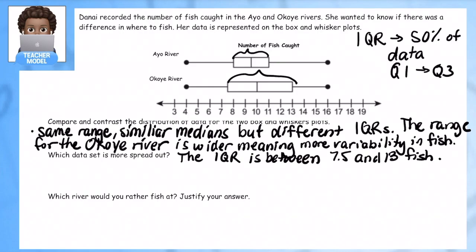So which data set is more spread out? Overall, the range is the same. You can definitely see that. They have the same range.